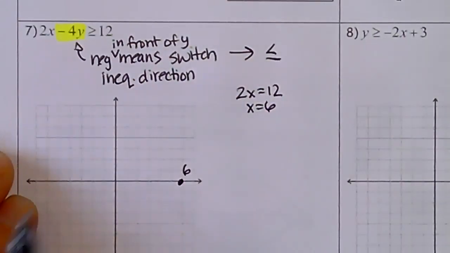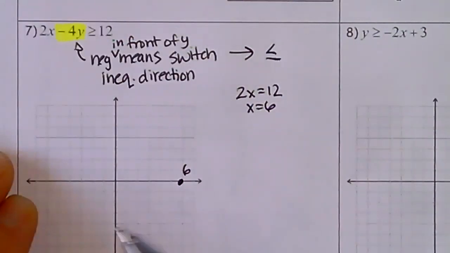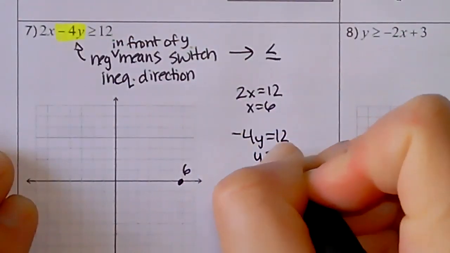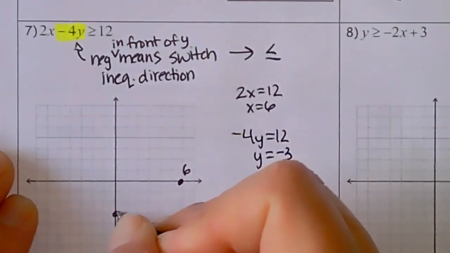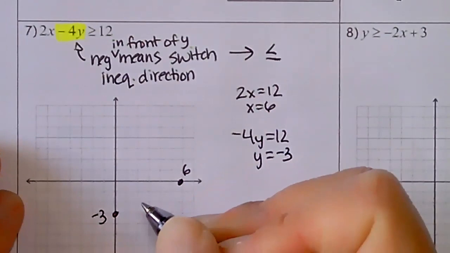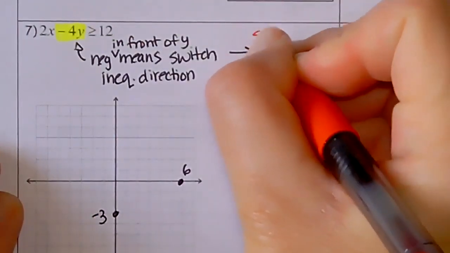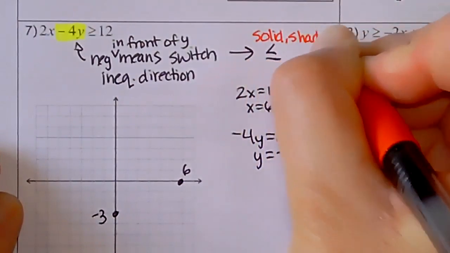To find your y-intercept, your x is 0. So that would be gone. And I get negative 4y equals 12. So y is equal to negative 3. And this is going to be a solid line. So this is going to be solid. And I'm going to shade below.